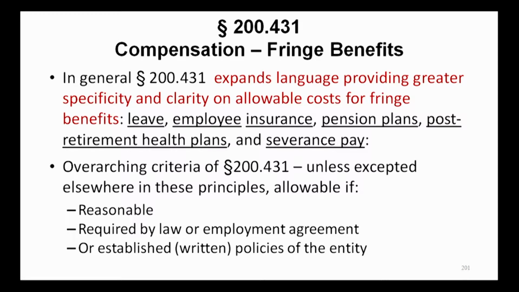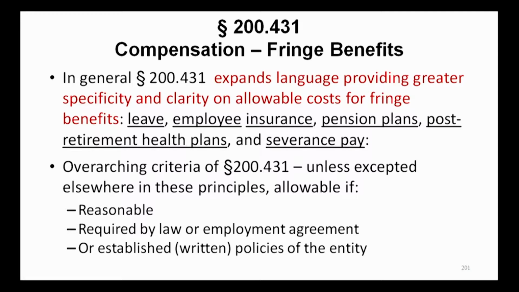Okay, let's move to the next section, 431. Fast forward to 431, compensation, fringe benefits, a couple of changes. Again, really more expanded language, and what I see is just more specificity and clarity for us.